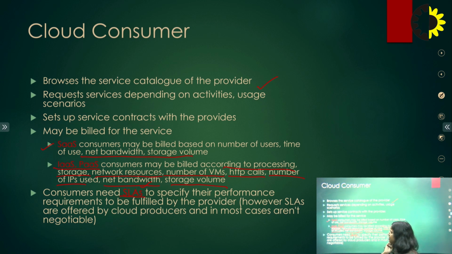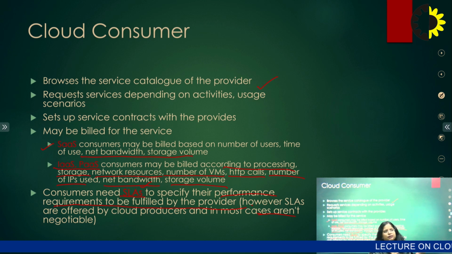Consumers need service level agreements to specify the performance requirements to be fulfilled by the provider, and in the SLA the cloud providers mention the services provided, meaning the promises made by the cloud providers.